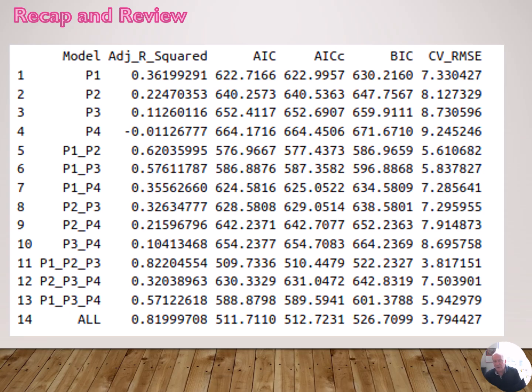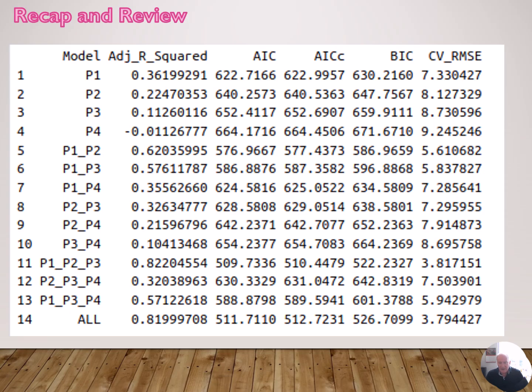If you remember, we want the adjusted R squared to be high, and for all of the single predictors, the adjusted R squared is not very good. It looks like P1 is the best, and that's fine. If we look at the pairs, anything paired with P1 also has a high value, which isn't surprising because P1 did really well already.